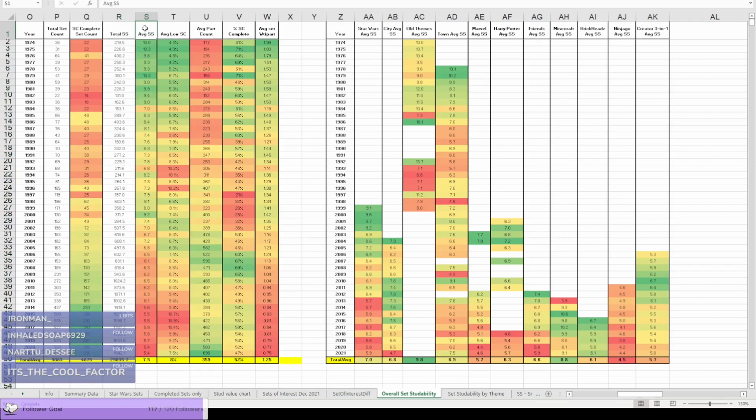But the average SS, this is where the rubber starts hitting the road about this data. So this is the average set studability for that year, essentially counting for all those sets, how many studs exist per part. Back in 1974, it was about 10. And again, this number doesn't truly mean anything.